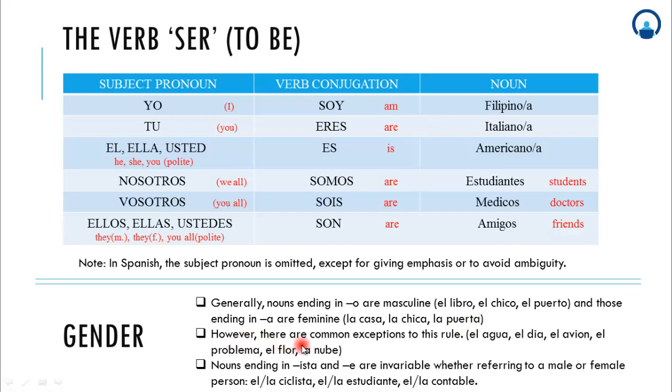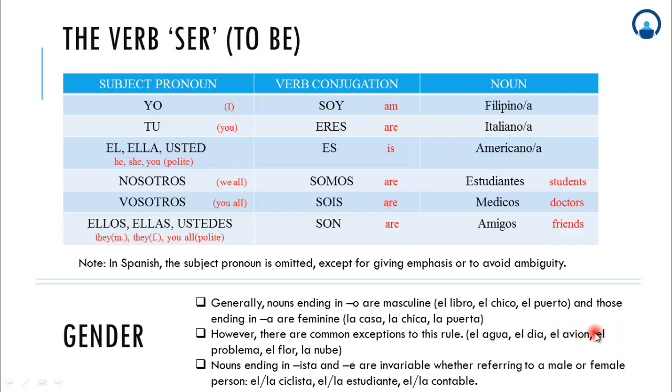However, there are common exceptions to this rule. For example, el agua. In the first point we said that nouns ending with a are feminine. But here, the noun ending with a is not feminine, it is masculine. El agua, that means water. El día means the day.